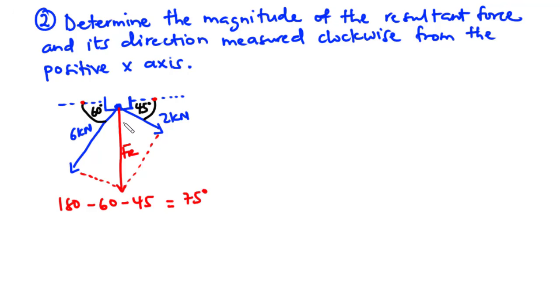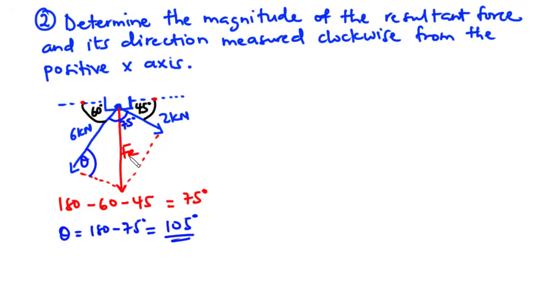So the angle between the two forces is 75 degrees. In that case, we can as well find theta. That's theta is equal to 180 minus 75 degrees, and then that is 105 degrees. So this is angle theta.